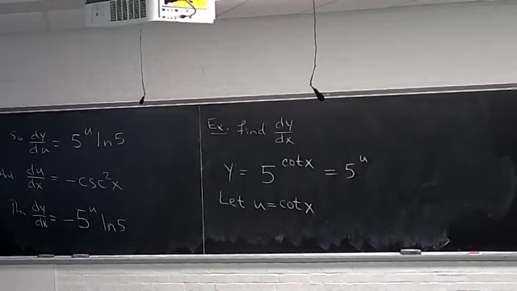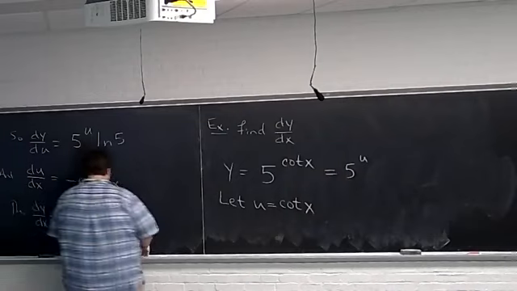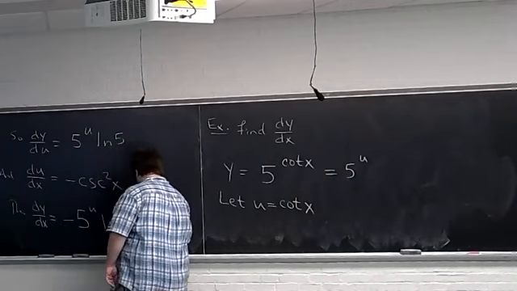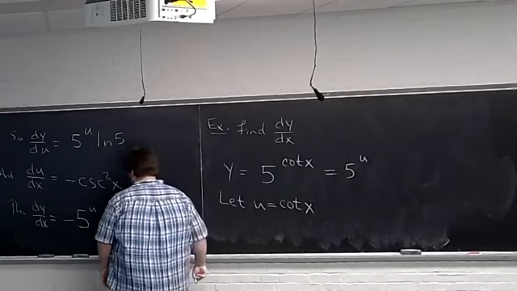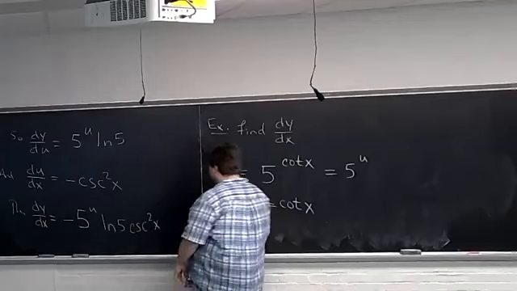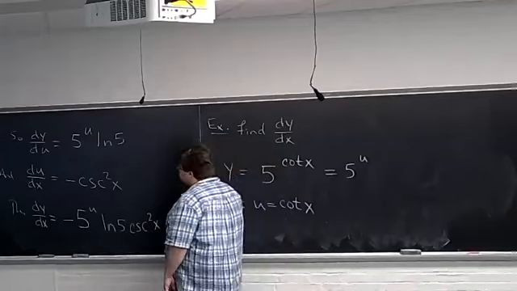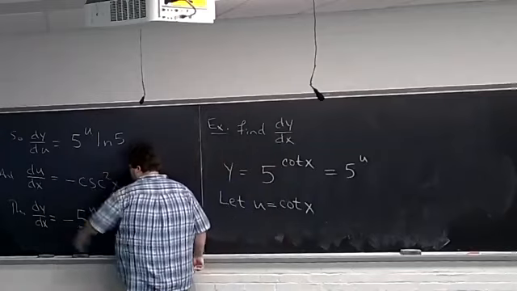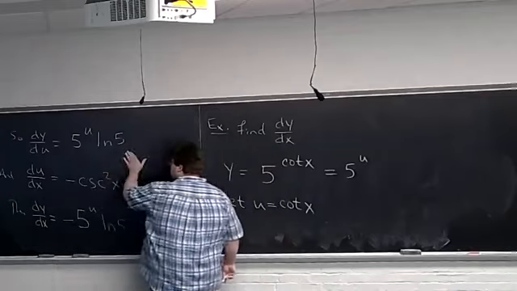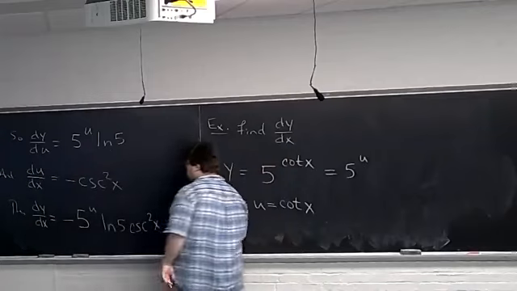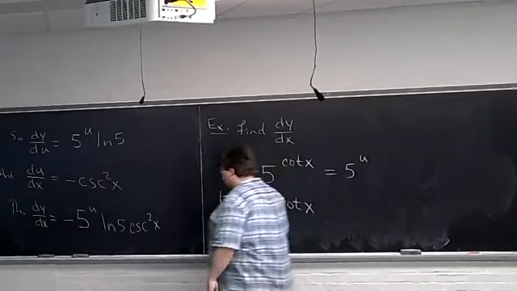In your work, I'm not going to take off if it doesn't look that nice. Meaning if you wrote the times negative cosecant squared of x, but do make sure you multiply by negative, not subtract. But here, just going to pull the negative way out front. Negative that times cosecant squared. Oh, but we don't want u in our answer.